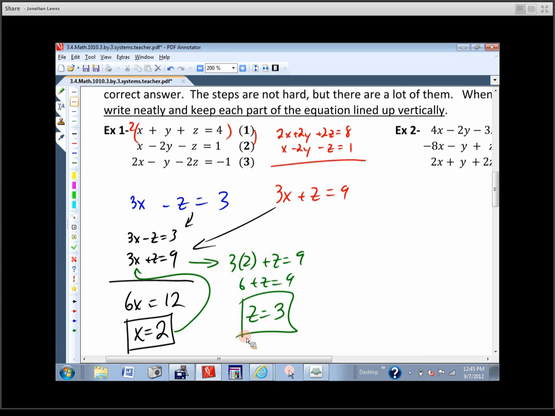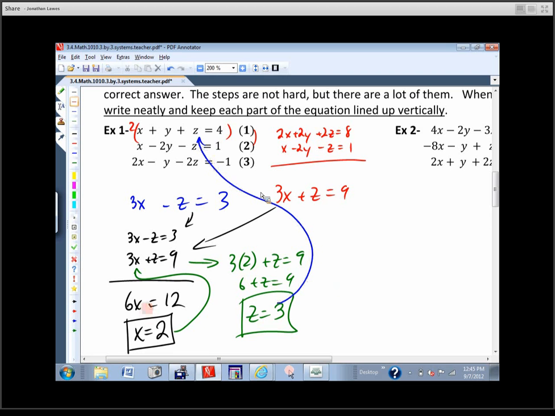Now, once I know z, what can I do with that? Plug it in as well. Very good. I'm going to come up here and I'm just going to kind of work my way back up the ladder. Okay, these only had 2 variables, so if I plugged in an x, I could find the z. I now know x and z. Let's go back to the original ones up here. Of 1, 2, or 3, which one would be the easiest to plug into? 1.